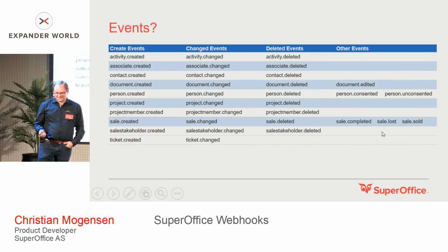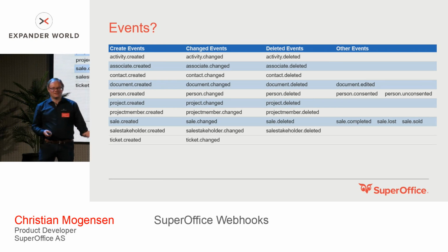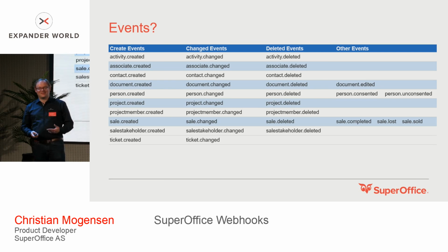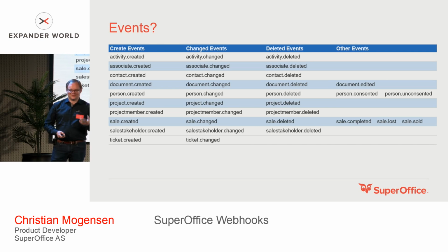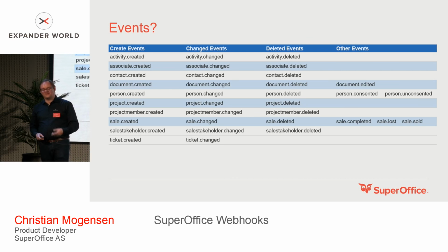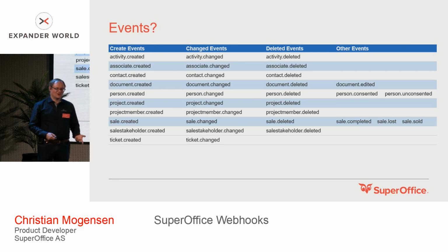These ones are kind of special, things which people will probably be interested in. Instead of forcing everybody to filter the sale changed event, we fire sale changed, but we also fire a special event if the state has changed to lost or to sold, or if it's marked as completed.